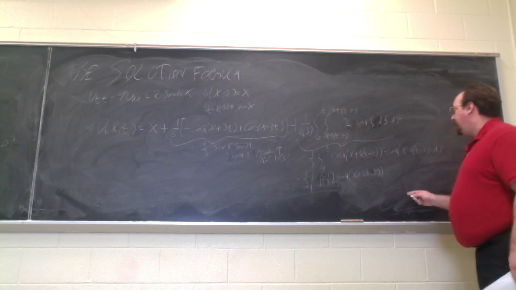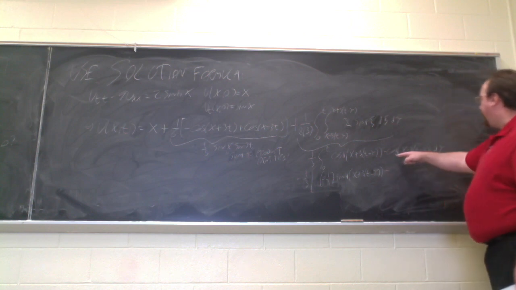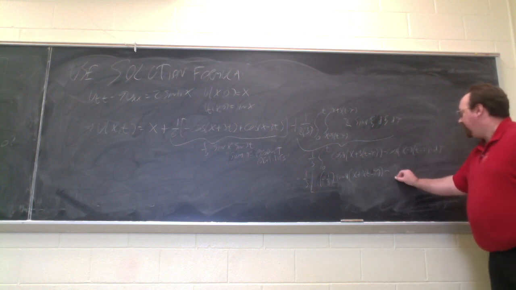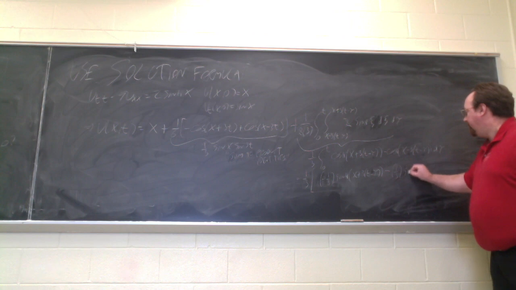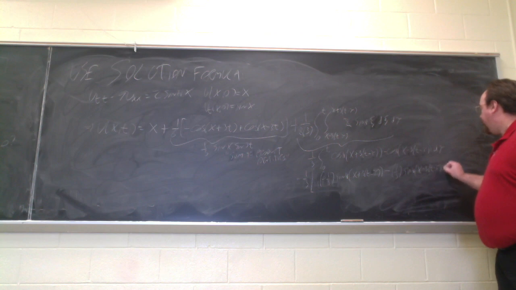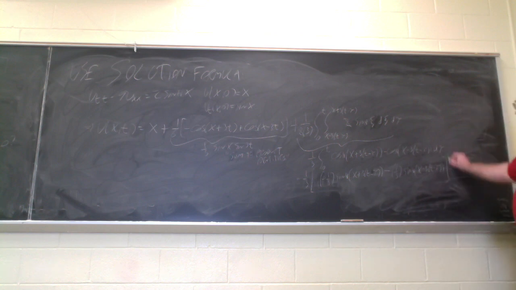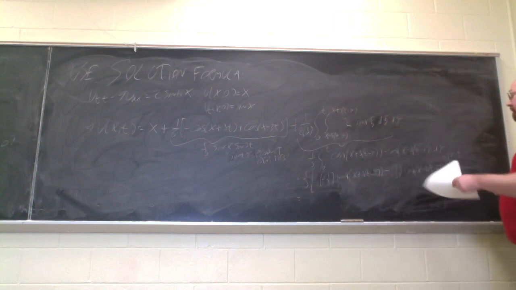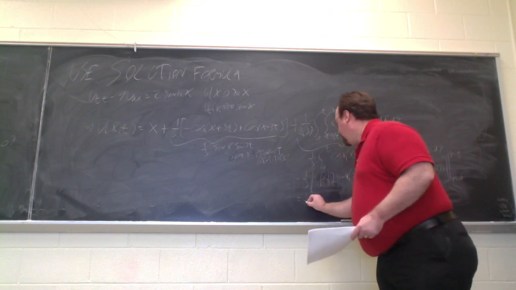And then over here you have plus 3 tau, so you have minus 1/3 sinh(x minus 3(t minus tau)). And you plug in the limits, tau equals 0 and tau equals t, because you just integrated with respect to tau. I have 1/3 throughout, so I'm just going to pull that out, and that gives me a 1/9.